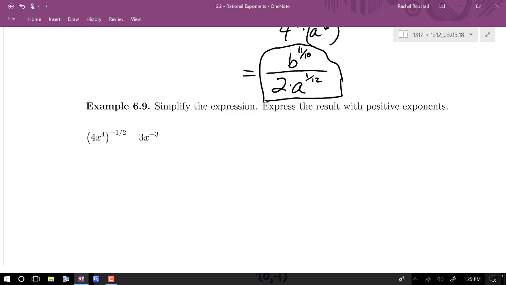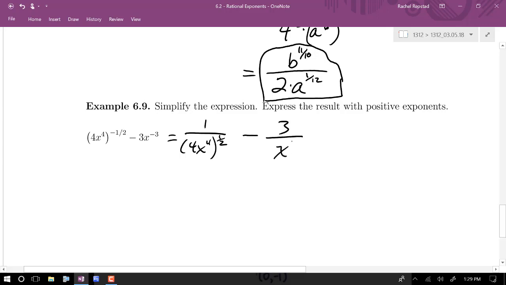So, how do you want to write the first term here? 1/4. Mm-hmm. And the second one? -3/x². Mm-hmm. Great. We're in good shape.